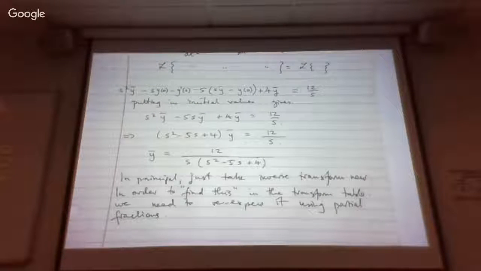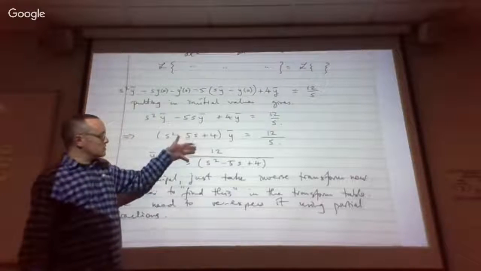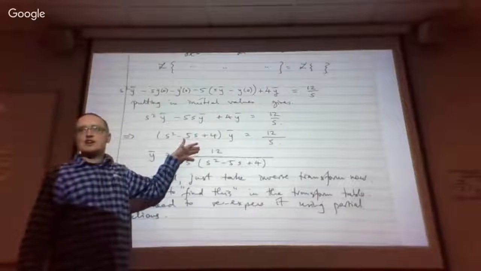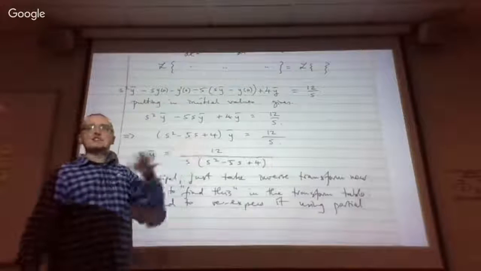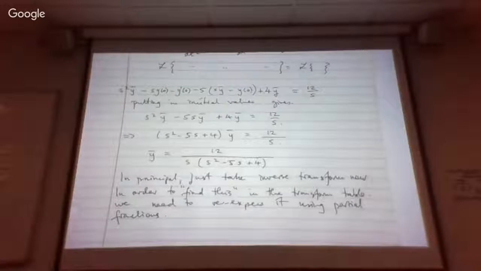Those s plus a squared plus or minus omega squareds that you see in the bottom third of the table. So at the moment, we're faced with this task. We have to do a partial fraction expansion on this to discover what combination of those simpler rational functions it is that we're looking at here. Okay?